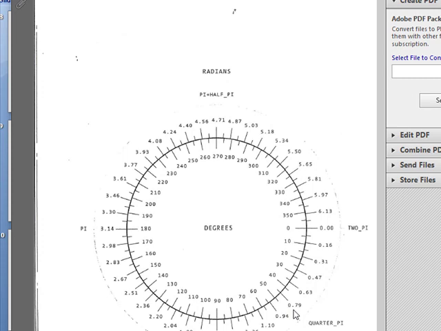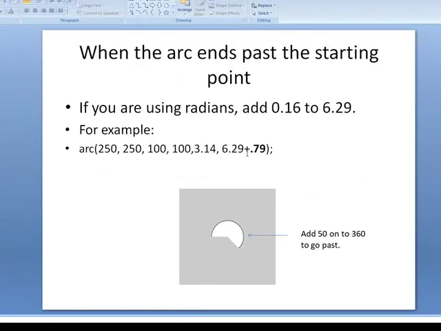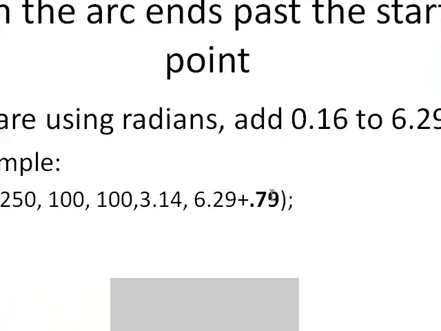For radians, you could also just do the math, and whatever that would be, you could write that number. So here I'm having Processing do the math for me, or you could simply put in the math. You can't do that with degrees or with pi, but it's one of the reasons that I like radians. When I'm using radians, I don't actually do it like this. I would just put in the number, 7.25 or 7.28, whatever the number actually is if you did that math.